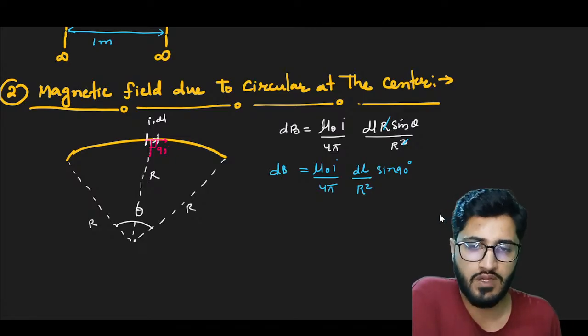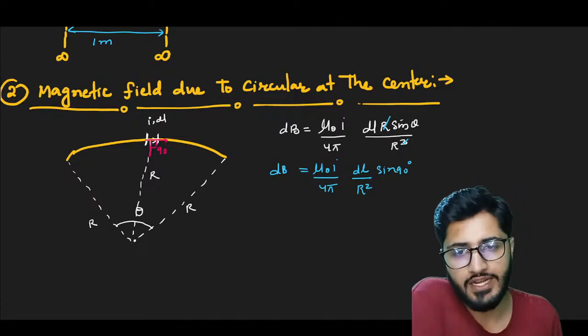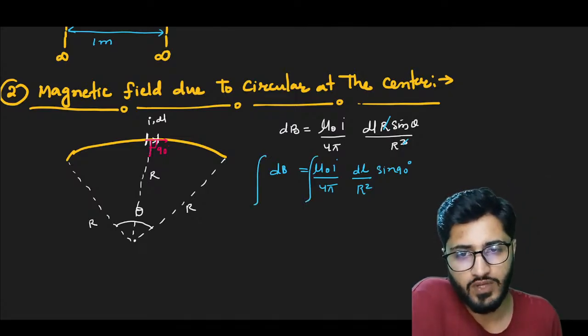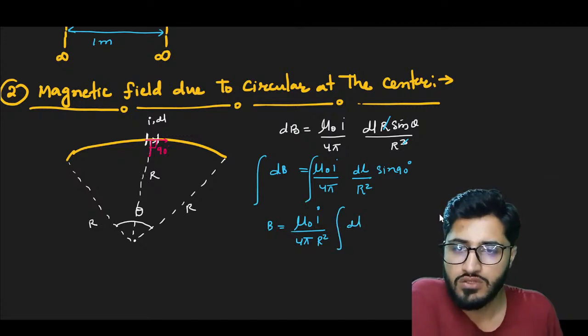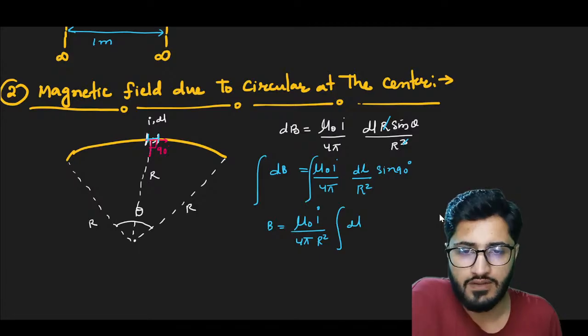So what I can do right here now, I need B. Mu naught is constant, I is constant, 4 pi is constant, r square is also constant, so it is the integration of dl only, the small element.